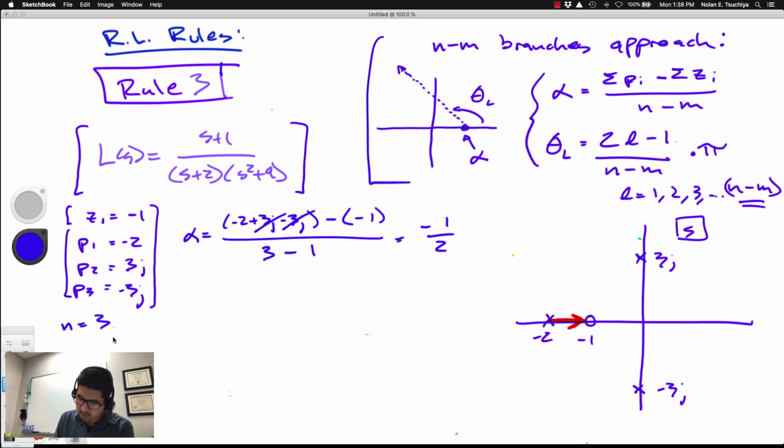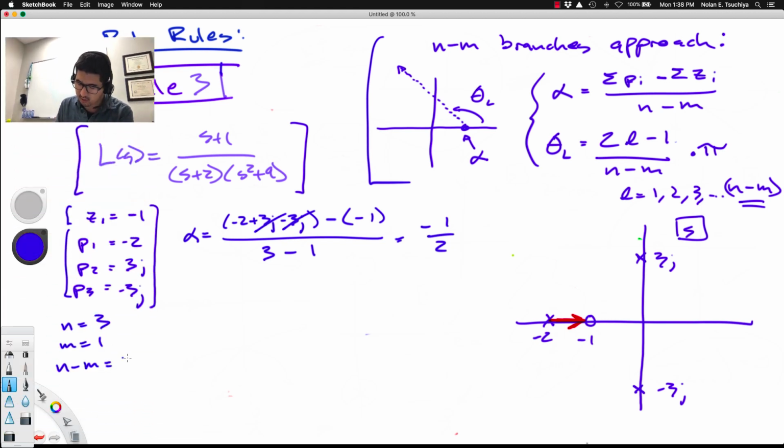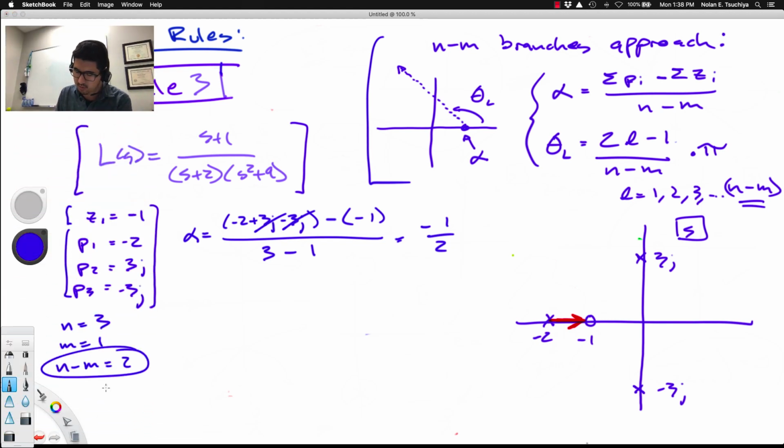For this problem, n equals 3 and m equals 1, so n minus m is equal to 2. This is the number of thetas you're going to need to compute, because that's the number of branches that approach infinity. So I'll need theta 1. Theta 1 can be computed by plugging in 1 for the L parameter in 2L minus 1.